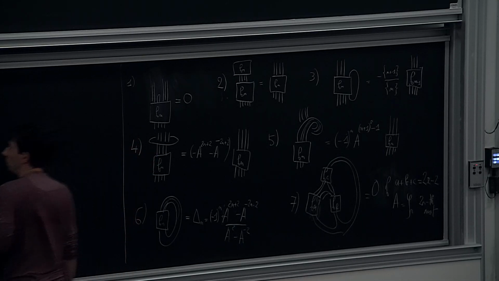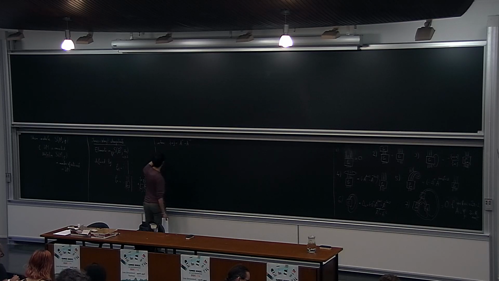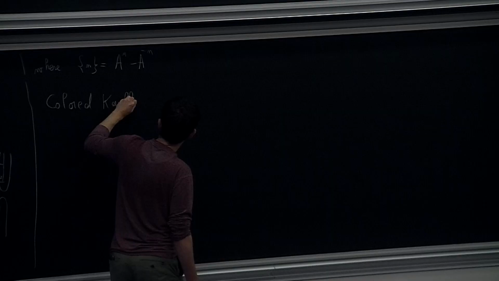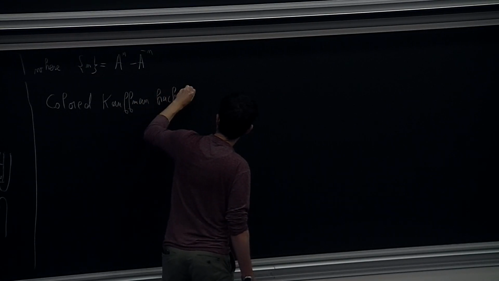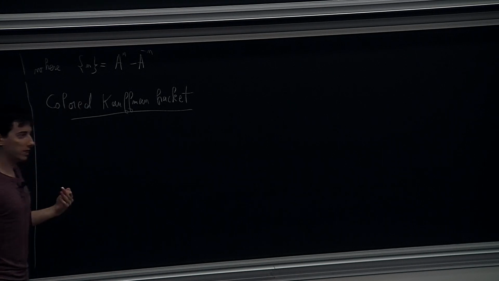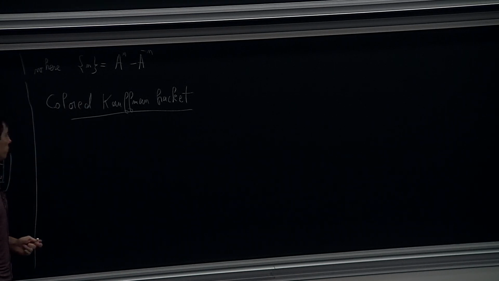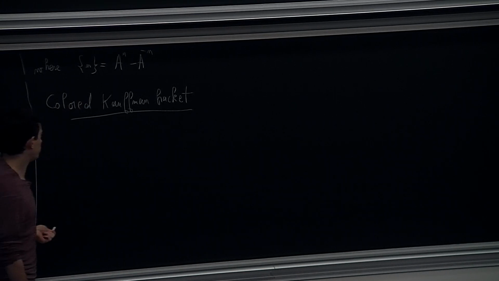And they will be used to define the so-called colored Kauffman bracket, which will be a variant of what we defined last time, which was the Kauffman bracket of framed links in S^3.